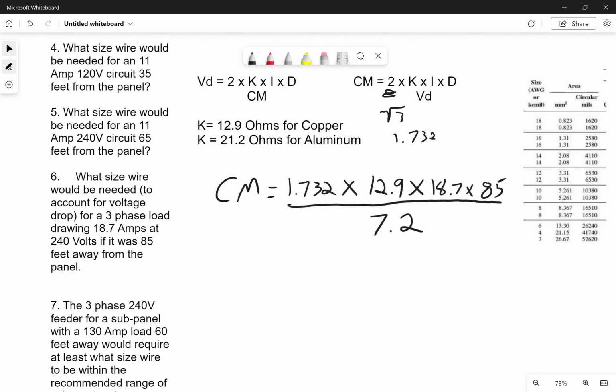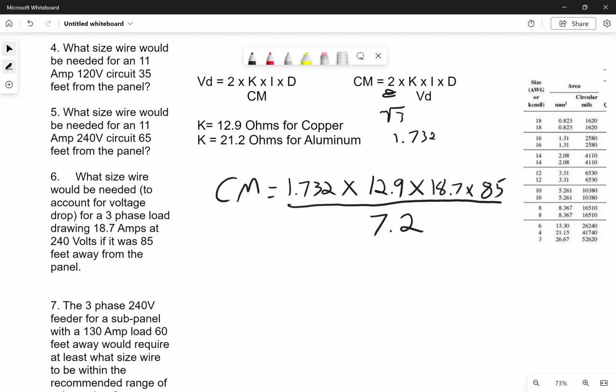All right, so square root of 3 times 12.9 times 18.7 times 85, and you should have gotten close to 35,514.9. I use the actual square root of 3, so my number may be a little bit different if you use the rounded off 1.732.